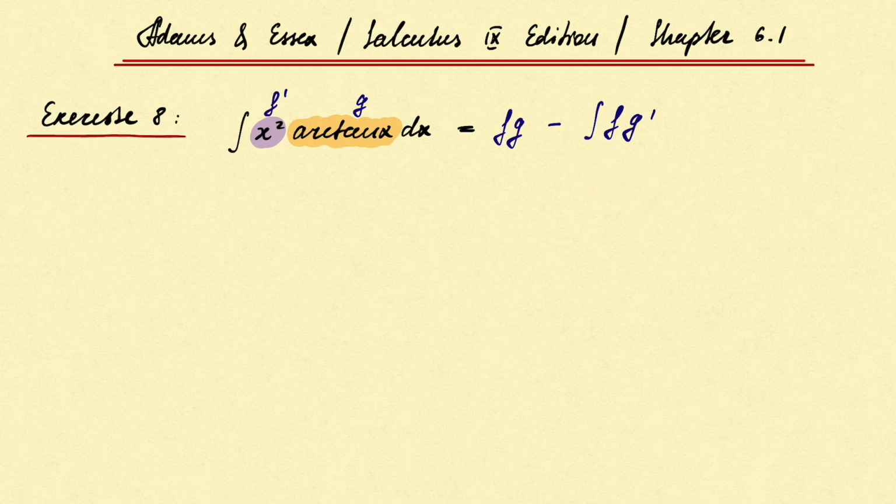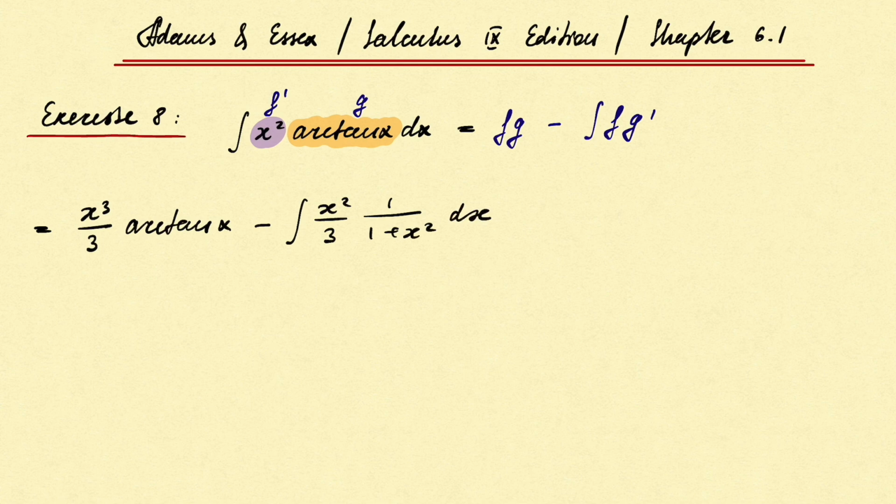Now let's proceed with our problem. So first we need to find an f. It's an antiderivative of x squared, which is x cubed over 3, multiplied by arctangent of x minus, we already have antiderivative of x squared, so let's just rewrite that, multiplied by the derivative of our g, derivative of arctangent, which is 1 over 1 plus x squared, and dx.